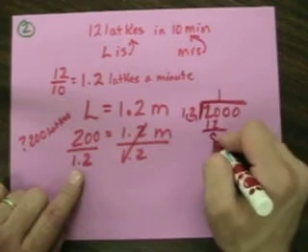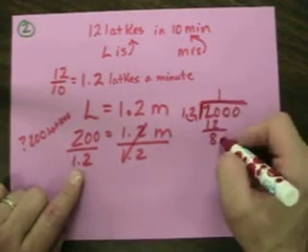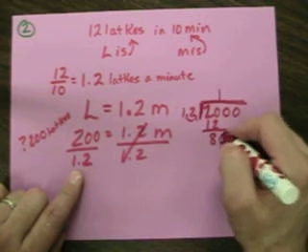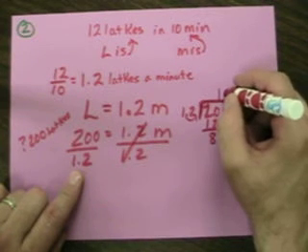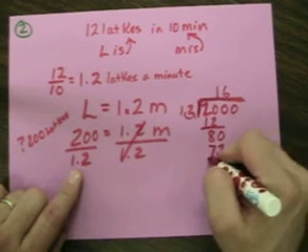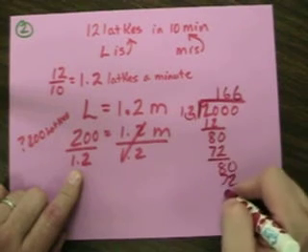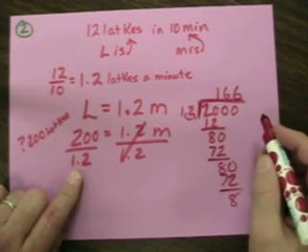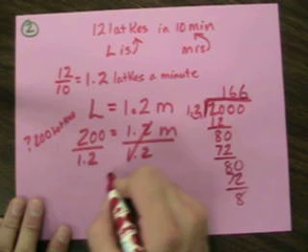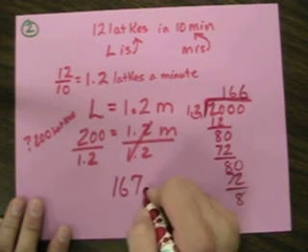I just don't have a calculator right now, and so I've got to do it this way. 8, bring down 0. 6 times 12 is 72. That is 80. 6 times 12 is 72. Remainder of 8. So it looks like about 167 minutes.